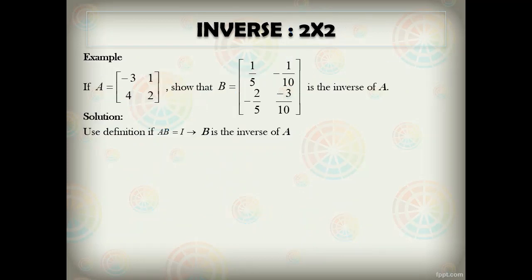Okay, next example. You have a 2 by 2 matrix A, and matrix B is this, also a 2 by 2 matrix.